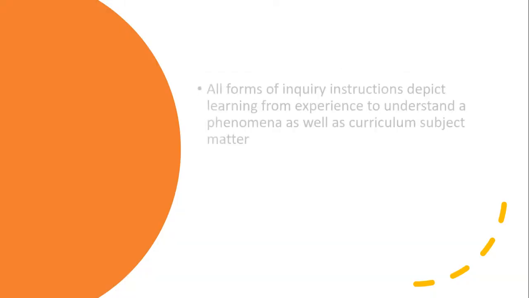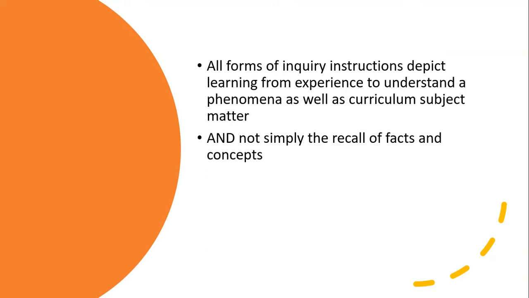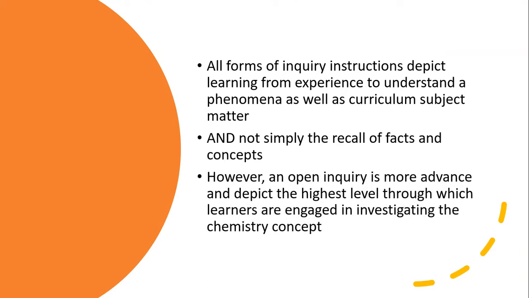All these forms of inquiry instruction depict learning from experience to understand the phenomenon as well as curriculum subject matter, and not simply the recall of simple facts or scientific concepts.